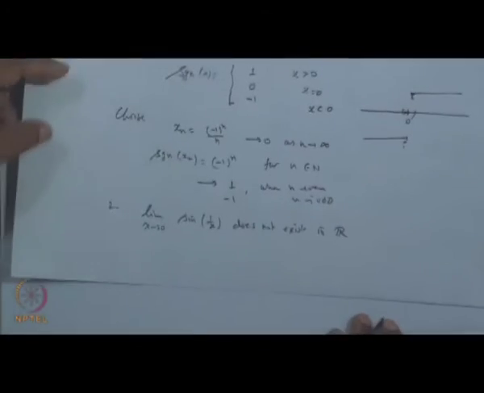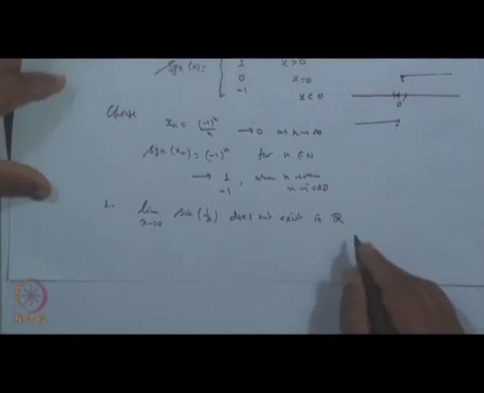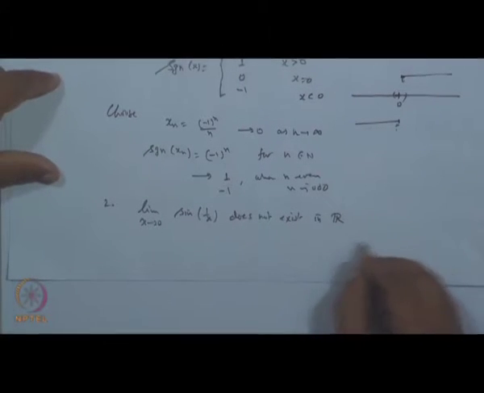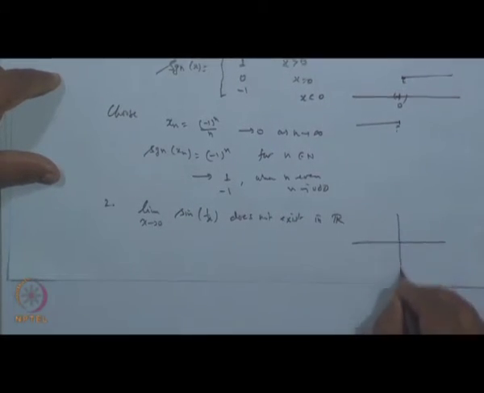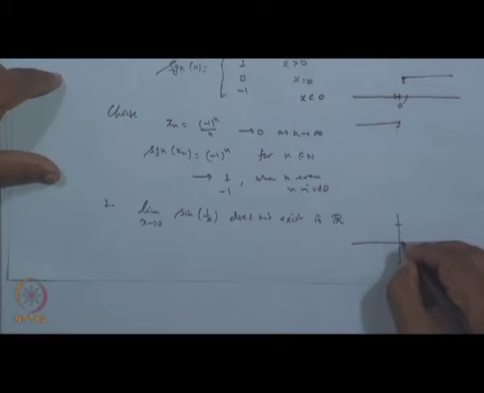Again, the sine function. If I look at the graph of the sine function, it is something like this. This is 0, and it goes to +1 and -1 at maximum.